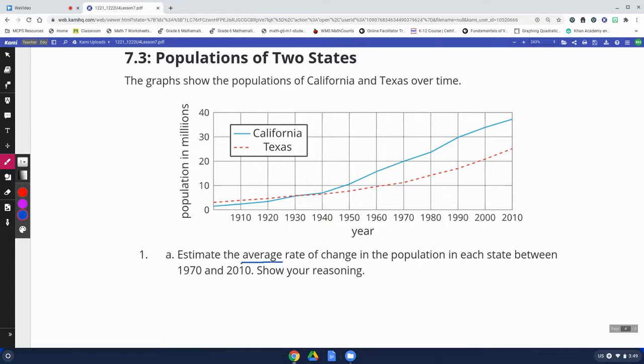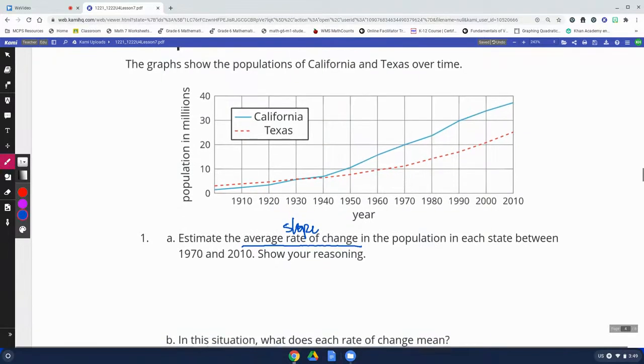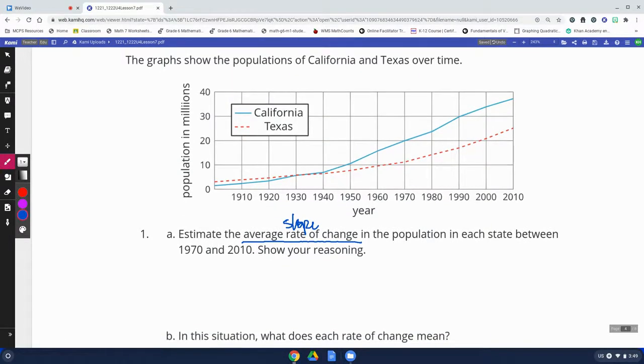So once again, they're really talking about slope, right? Change in the dependent over the change in the independent. So in this case, the change in population over the change in a certain number of years, right? So estimate the average rate of change in the population in each state between 1970 and 2010, right?